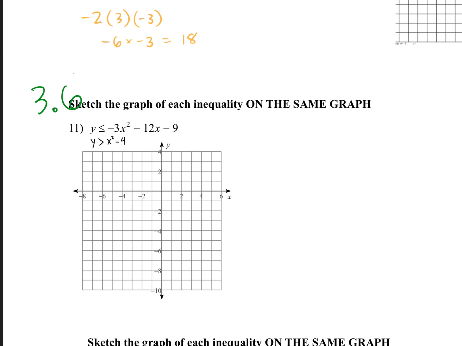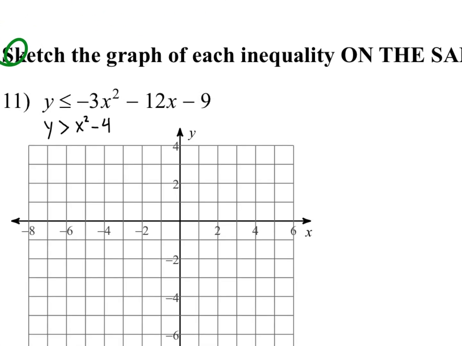We are graphing. So is our first equation here, we just graph one at a time, is our first equation in standard form or vertex form? Standard form. How do I find the vertex when it's in standard form? -b over 2a. So what's our a? -3. What's our b? -12.